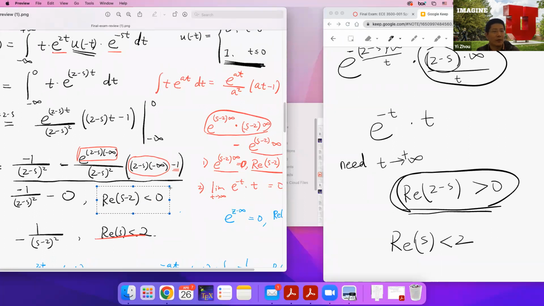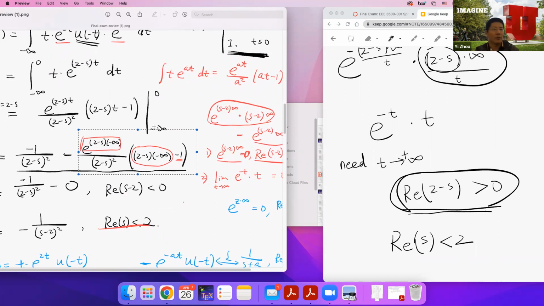So in the end, this is the overall region of convergence. Within this region of convergence, both of these terms will converge to 0, so the entire second term converges to 0 within the ROC.